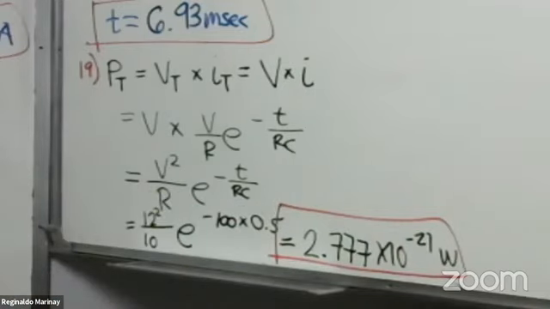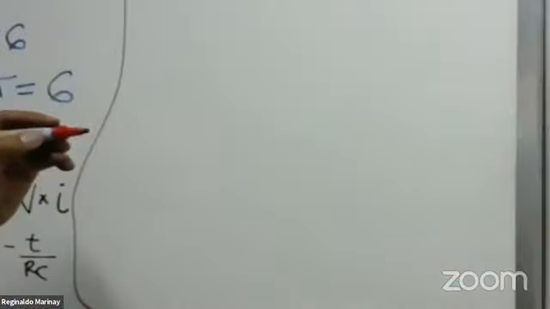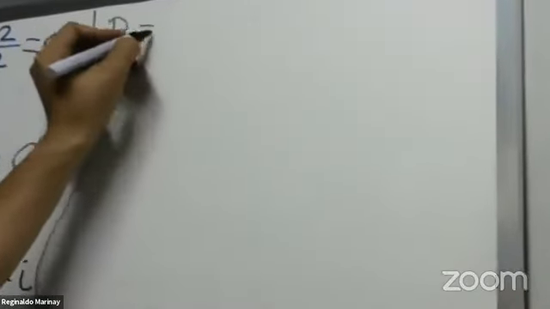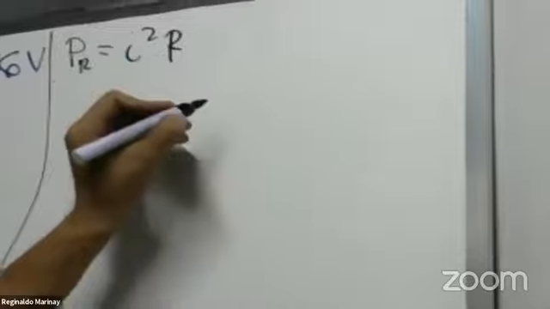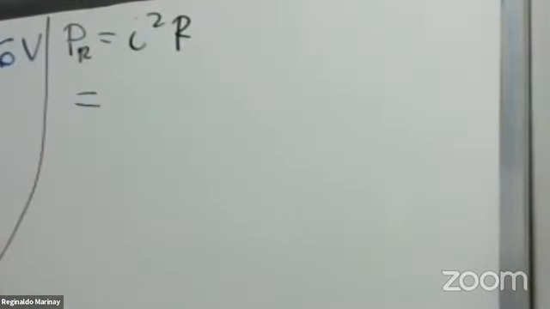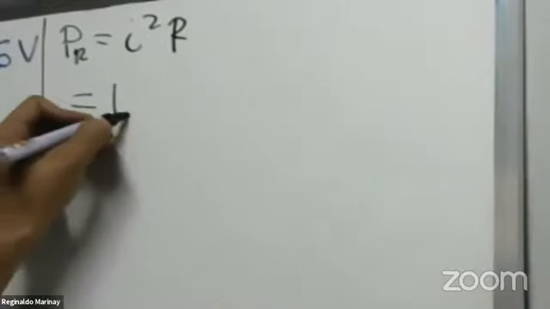What about our P_R? What is our P_R? P_R is equal to I squared R. Again, what is our I equal to? V over R, but what is our V? Again, 1.2, so we already have the equation for the current.